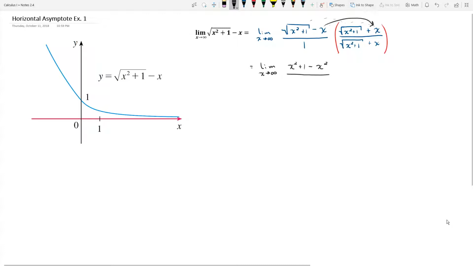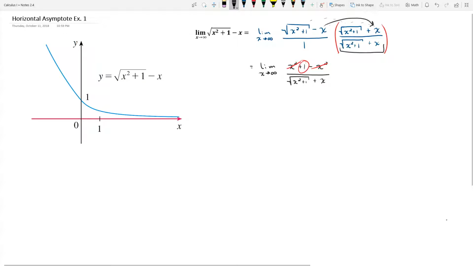The denominator is a product of 1 times this entire term. So we end up with the square root of x squared plus 1 plus x in the denominator. So at this point, you can see that in the numerator, x squared and negative x squared cancel each other out, leaving us with just 1.